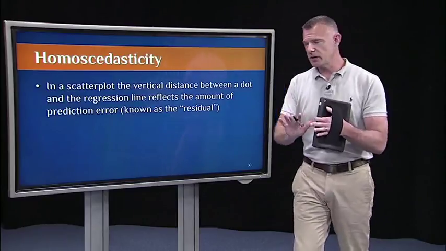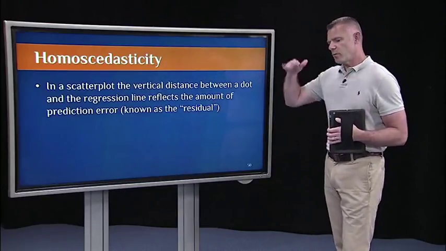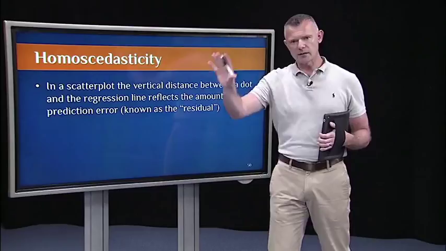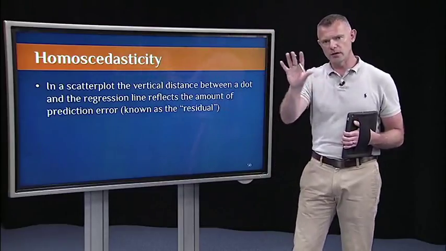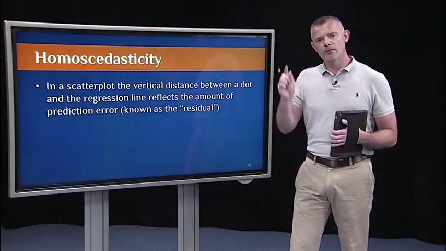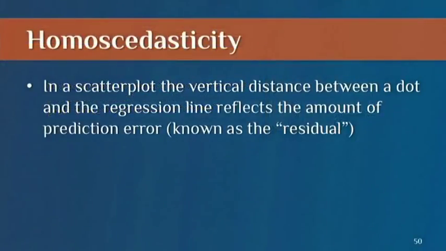First, to give you the definition, remember in a scatter plot, all the dots represent individual cases or individual subjects. The vertical distance between a dot and the regression line, or the prediction line, is the prediction error for that individual, also known as the residual.